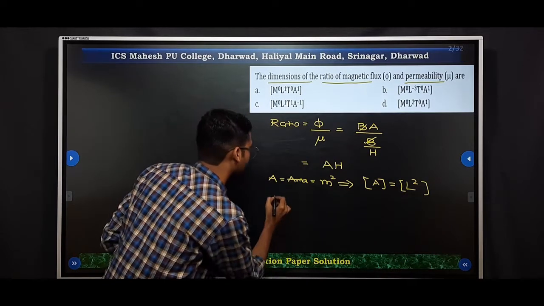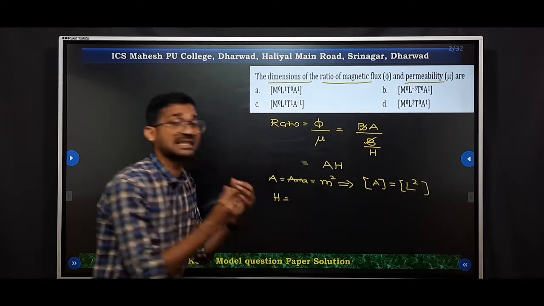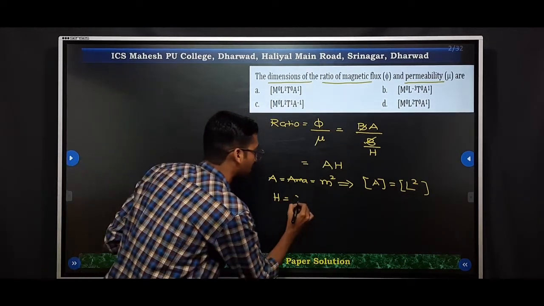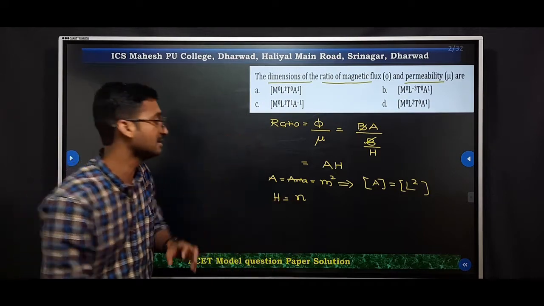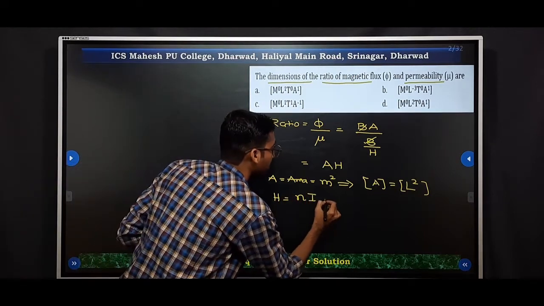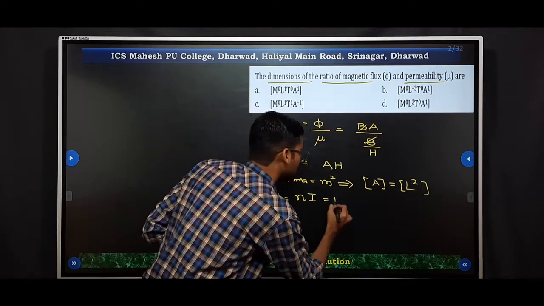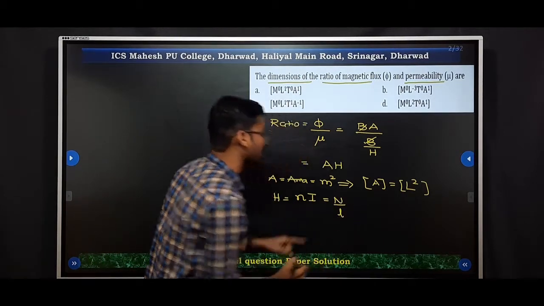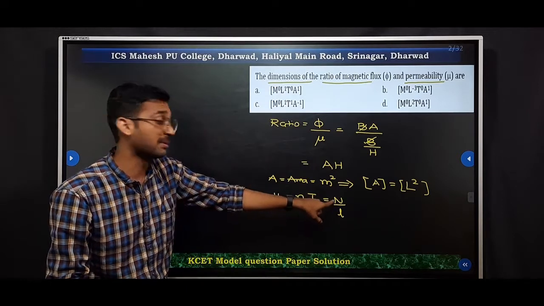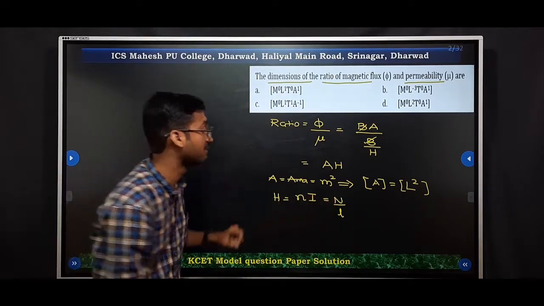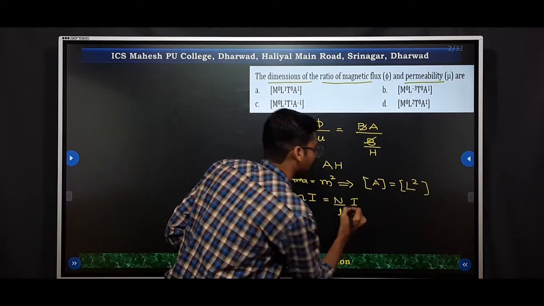Similarly, write down the H value. H is given by the product of the number of turns per unit length and the current. Here n defines the number of turns per unit length, which means we can write capital N, the total number of turns, divided by length, into current.